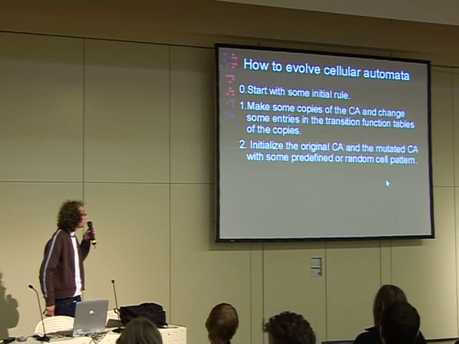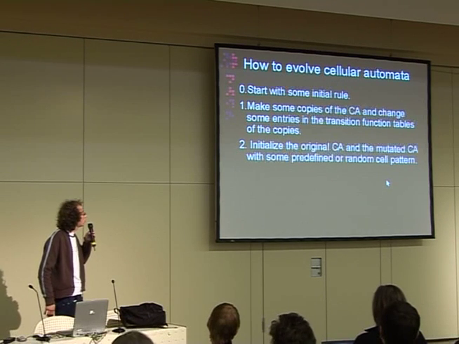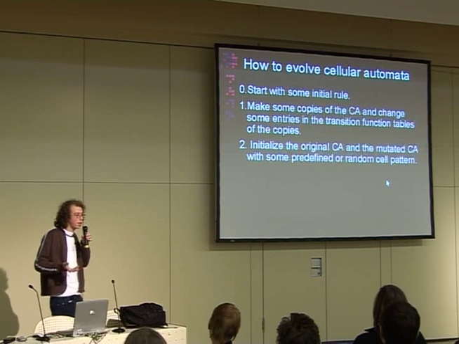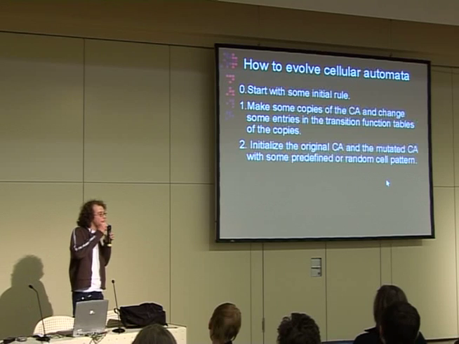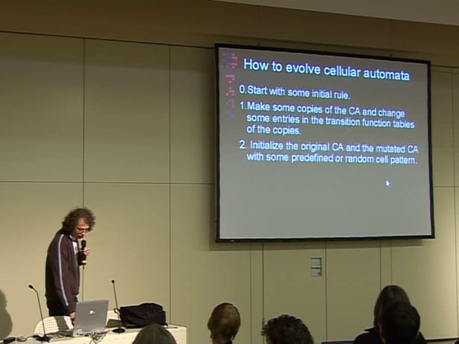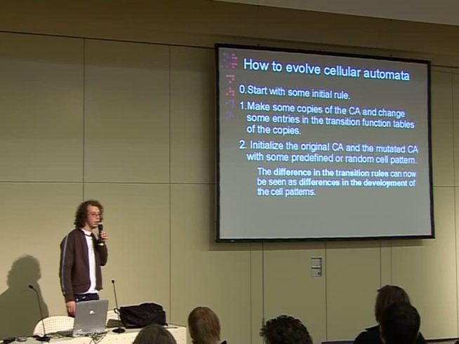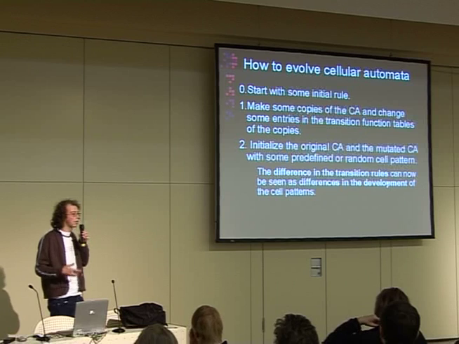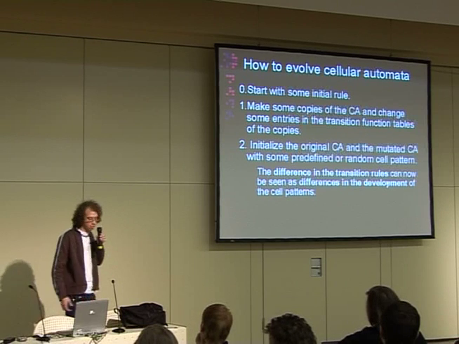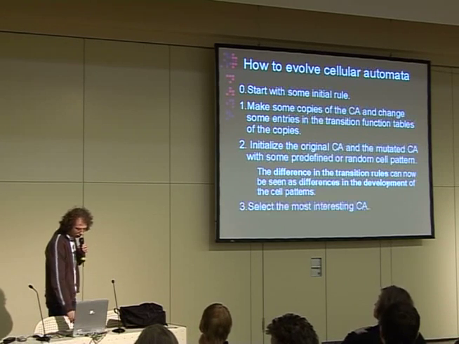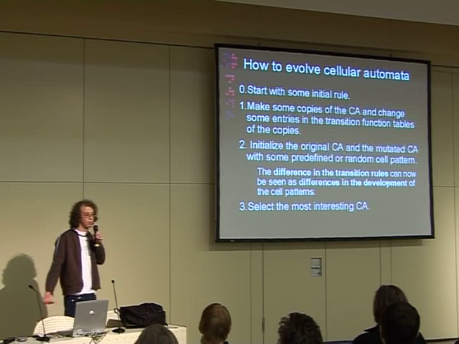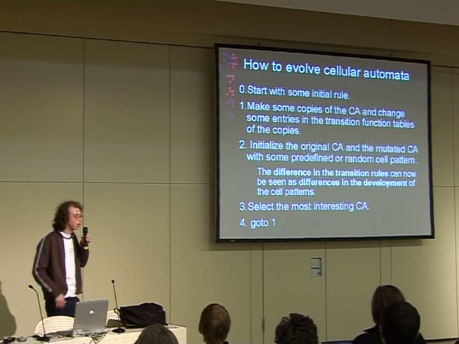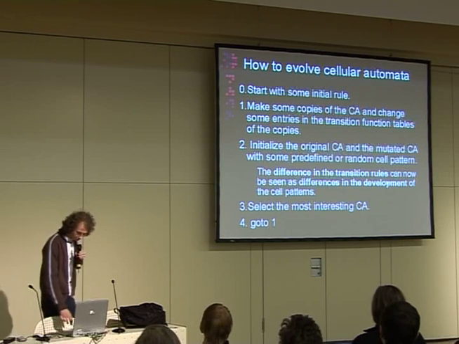Then we initialize the original cellular automaton and the mutated cellular automata with some predefined or random cell pattern, but each with the same cell pattern, because then differences in the transition function will be seen as differences in the development of the cell pattern. I will demonstrate it shortly. Then we just select the most interesting CA and go back to the start. This can be iterated, of course.